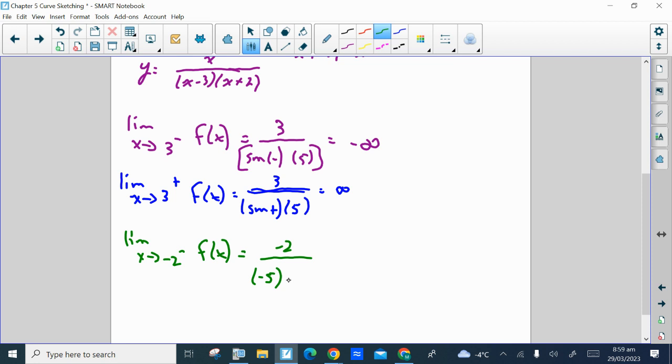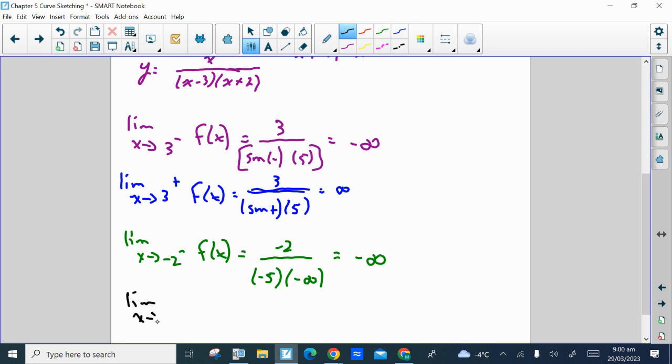And it'll approach negative infinity. So maybe instead of saying a small negative, we'll say that it approaches negative infinity. So on the bottom, you're going to have a negative number times another negative number, which is a positive, but then it's being divided into a negative number. That's going to approach negative infinity.